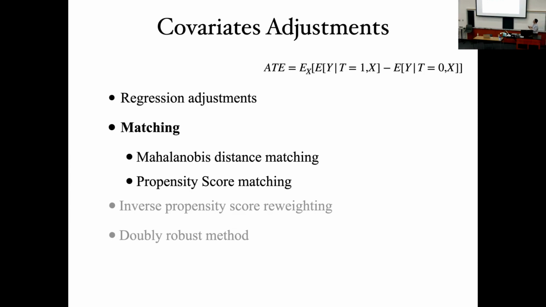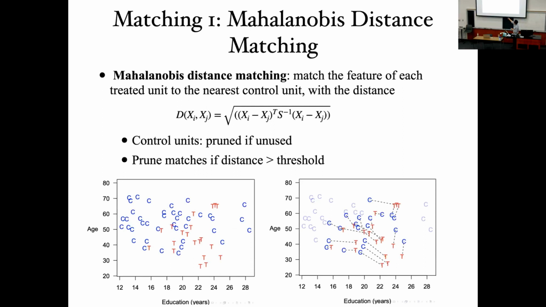So basically, you can use a regular distance for matching, as you can see here. You have this distance between two different x values. And after that, for each value of x in the treatment group, you want to find a value in the control group with the smallest distance. You do the matching, and then you throw away the remaining data points in the control group. Now they are aligned, right?